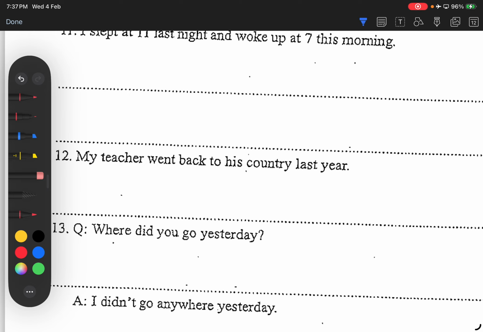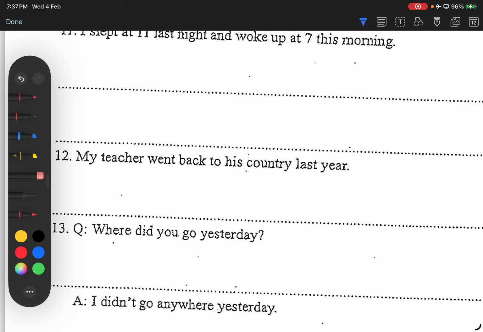Number 12. My teacher went back to his country last year. 去年先生は国へ帰りました。I mentioned the time must be after the subject, right? So who is the subject here? Teacher. My teacher.